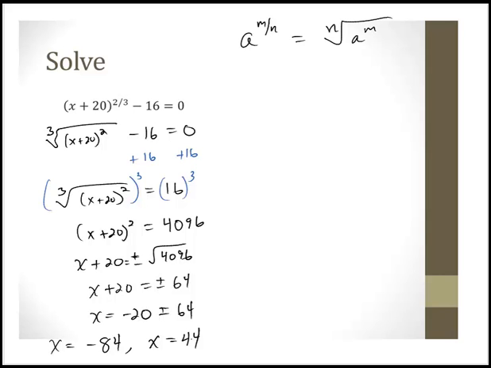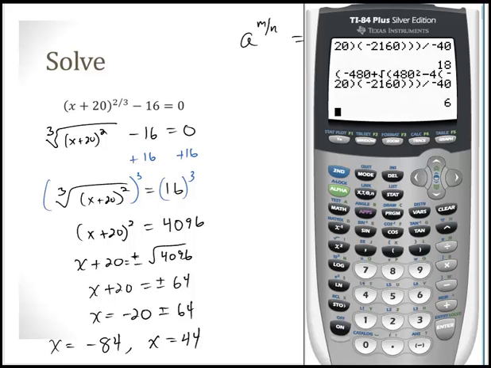All right, let's check these. I'm going to use the calculator here to help me with the arithmetic. So substituting the negative 84, quantity negative 84 plus 20, raise that, and now I need 2/3 in a quantity, so I have to type it in like this, quantity 2/3.